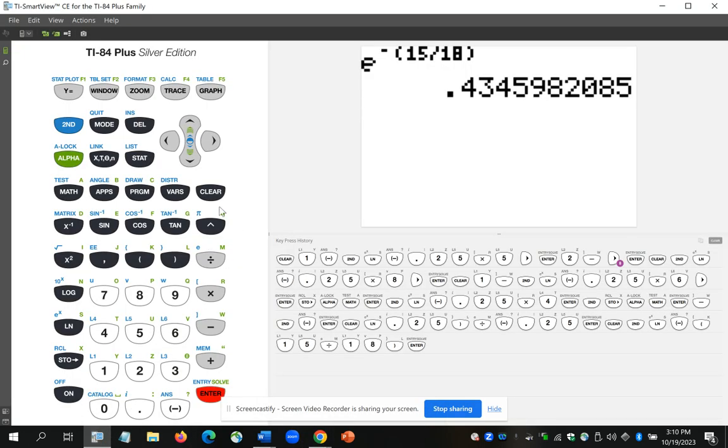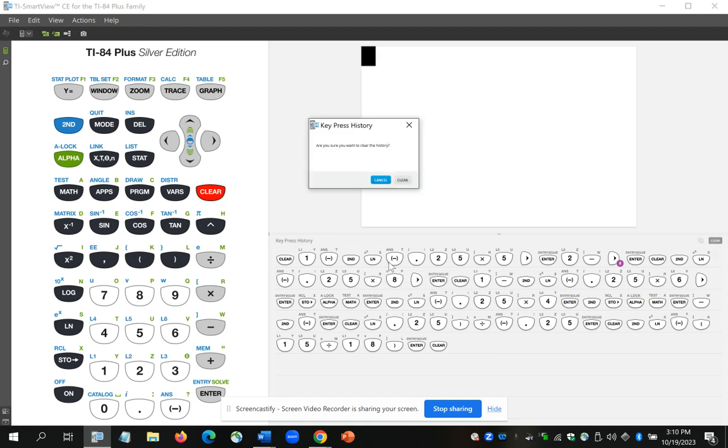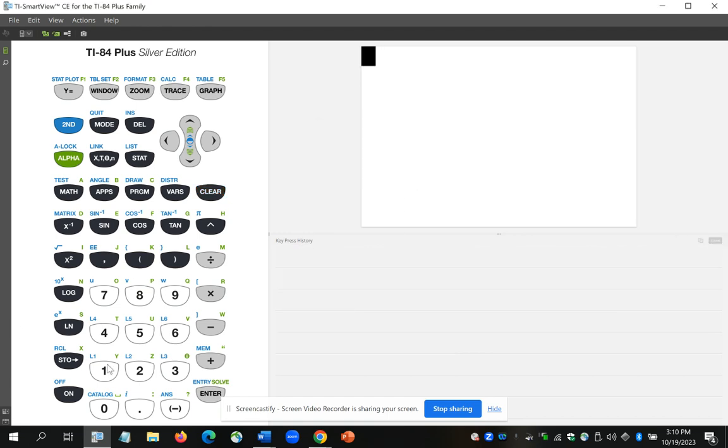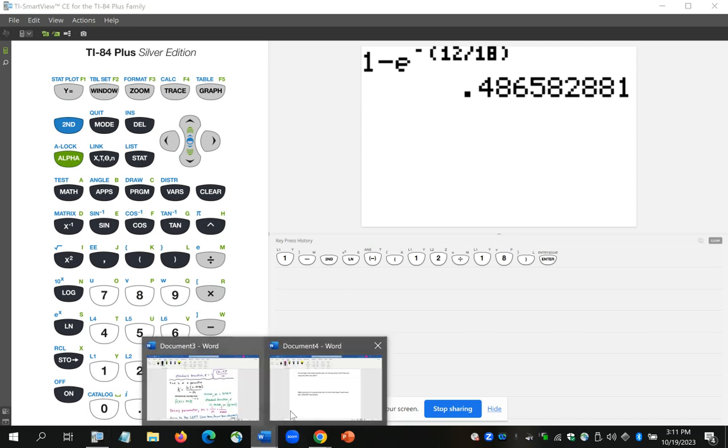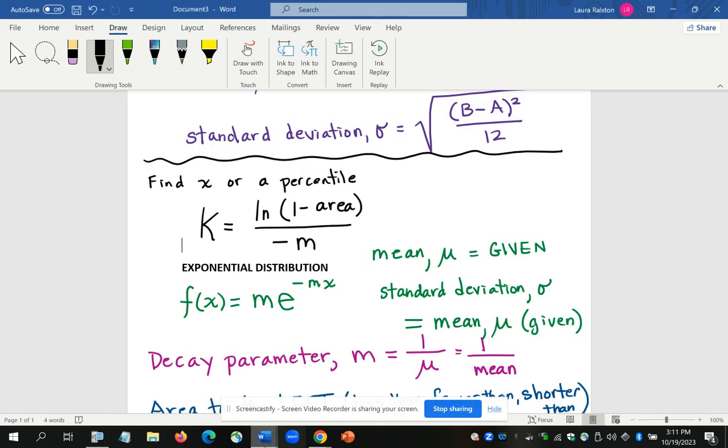Let's see, we have 1 minus ln second e negative parentheses 12 divide 18 equals 0.486582.